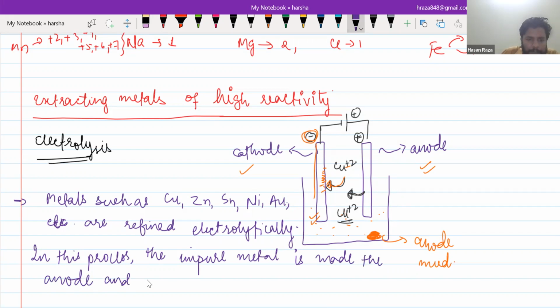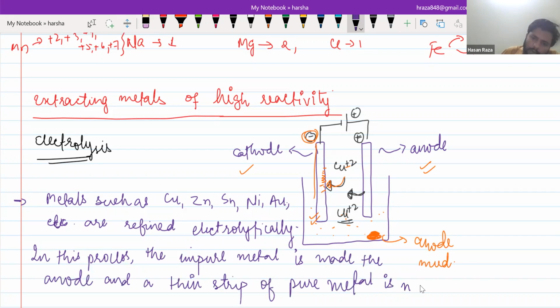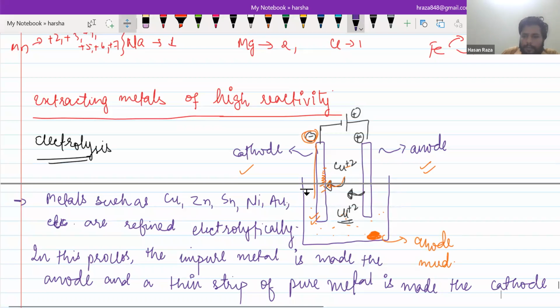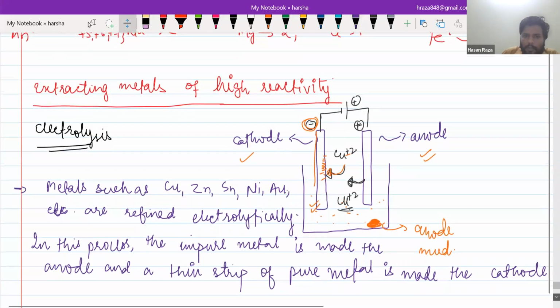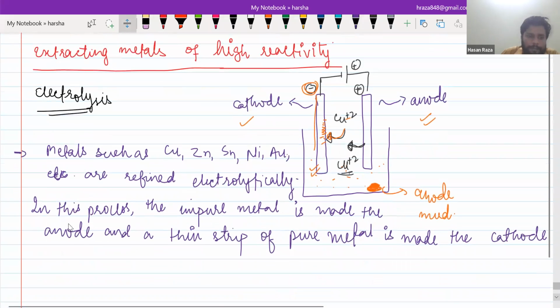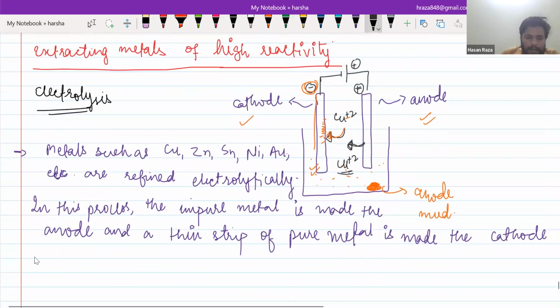And a thin strip of pure metal is made the cathode. I have to write some more points. So please write it, then I will explain.